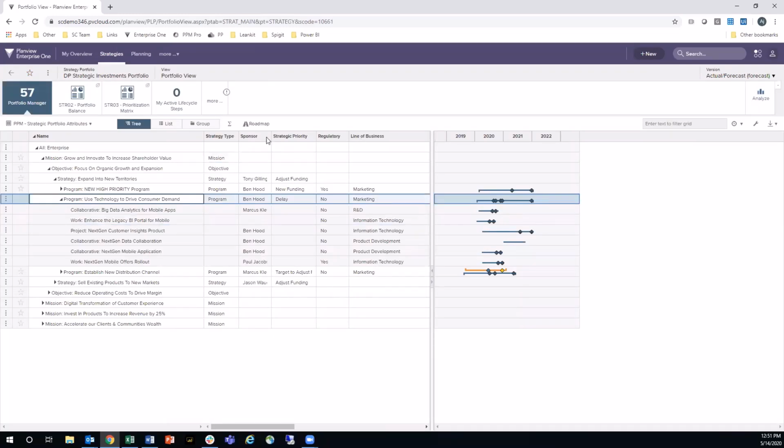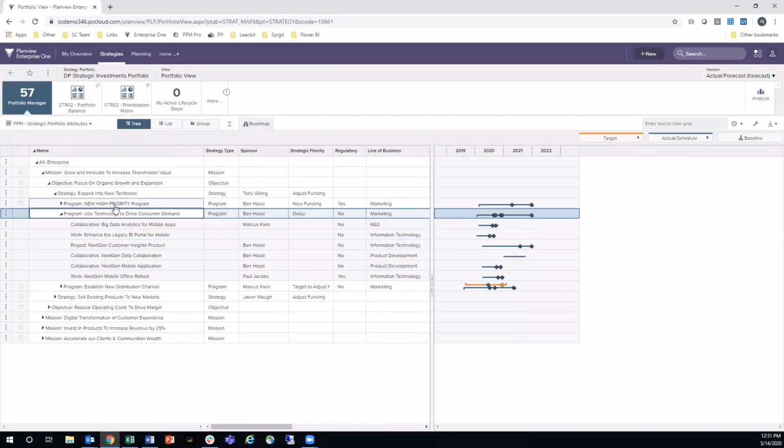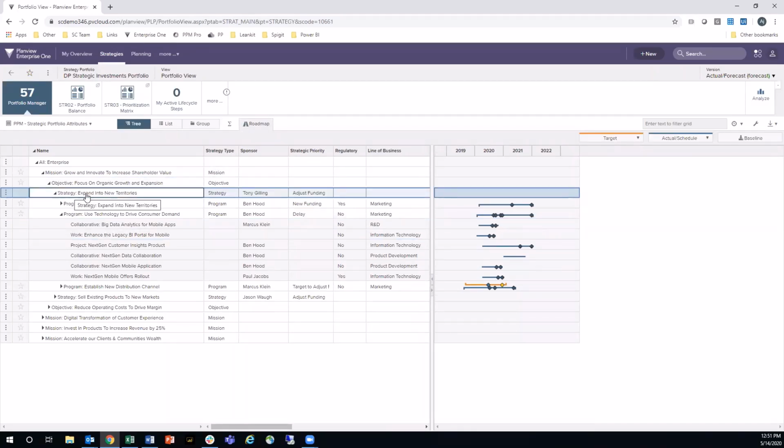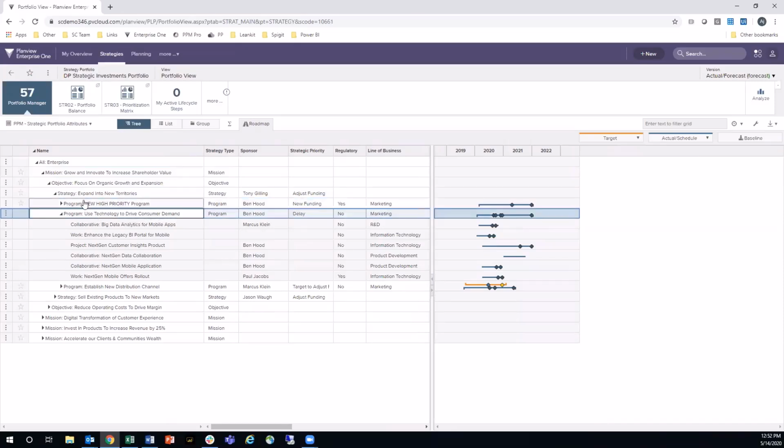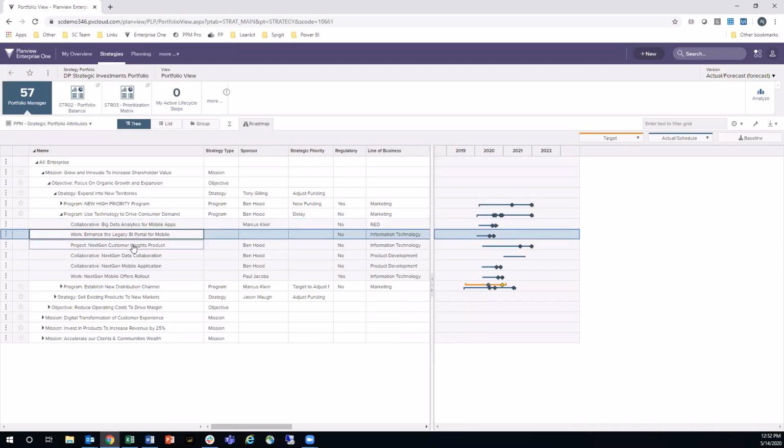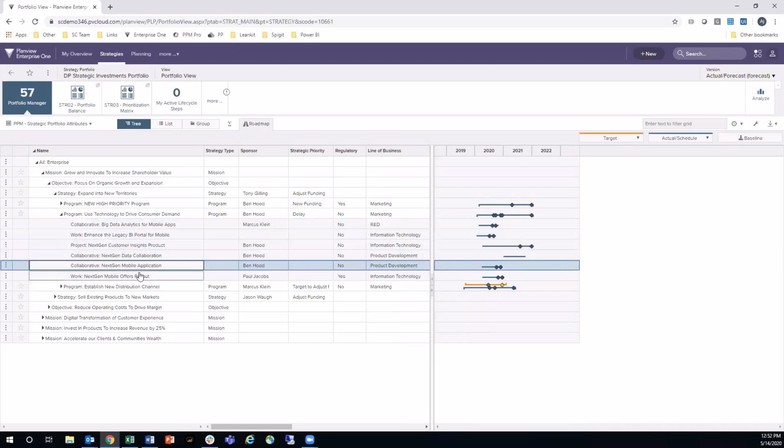So in this strategy view, this is where I can see how expand into new territories relates up to other objectives and our mission as an organization. I can see all of the related initiatives and work that need to be going on. And when I say that, hey, we're working on using technology to drive consumer demand, I can see all of the related work. So we can start to take that plan and operationalize our strategic plan.